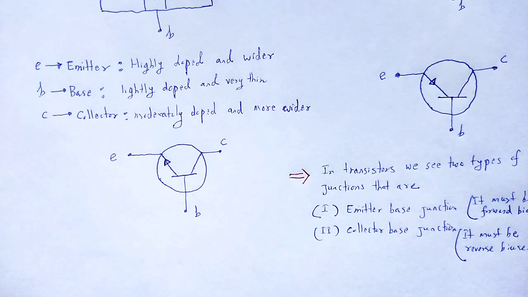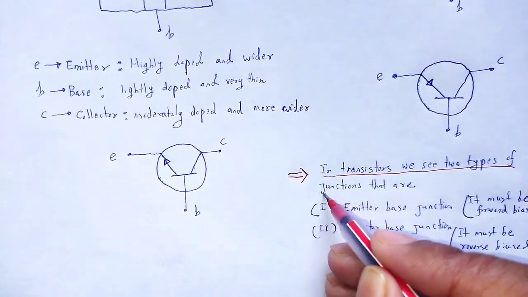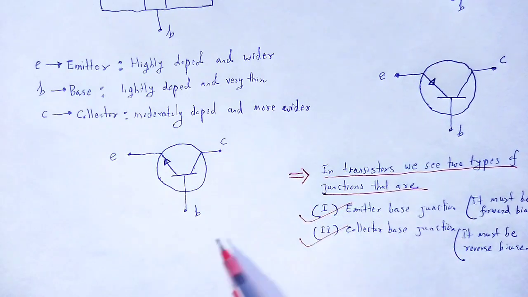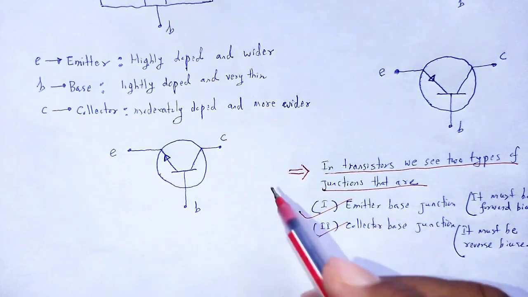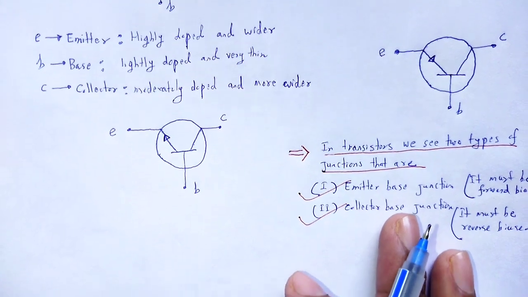Taking that important point, the emitter base junction is always forward biased and the collector base junction is always reverse biased. We can easily understand the current flow mechanism in the case of an NPN transistor as well as a PNP transistor.